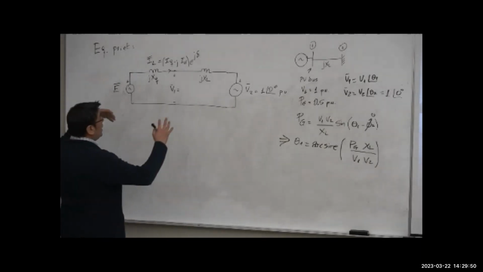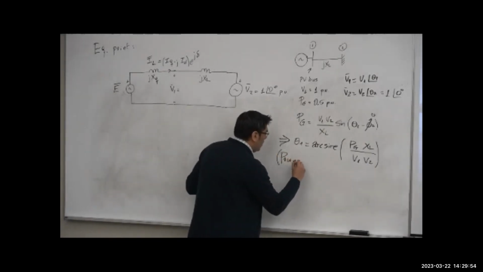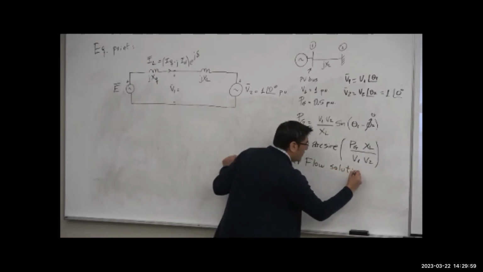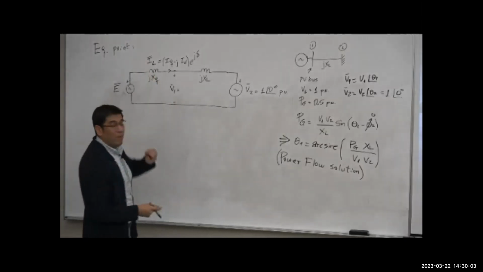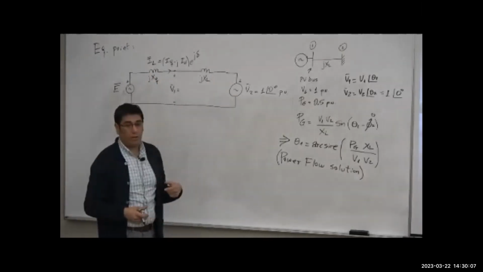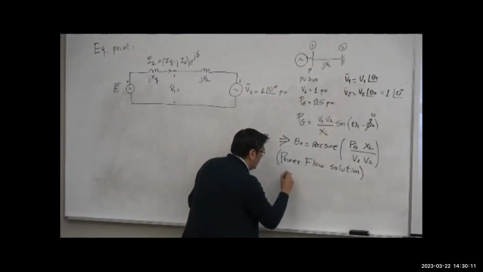Now we have the power flow solution. With this, we know exactly how much is the voltage, but also how much is the current. How do you determine the current? Well, if you know this voltage, the current is obtained easily.